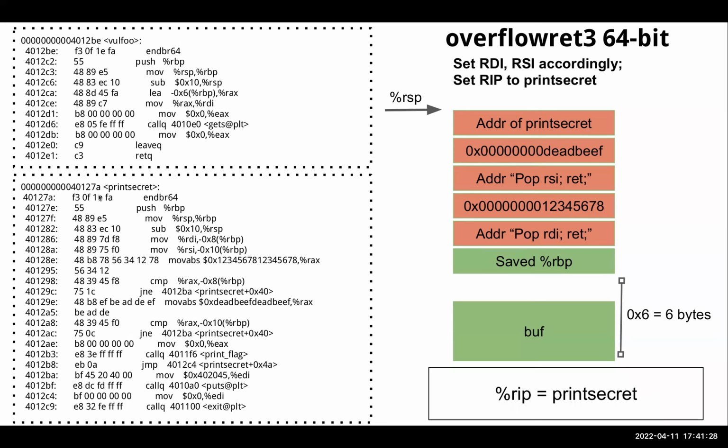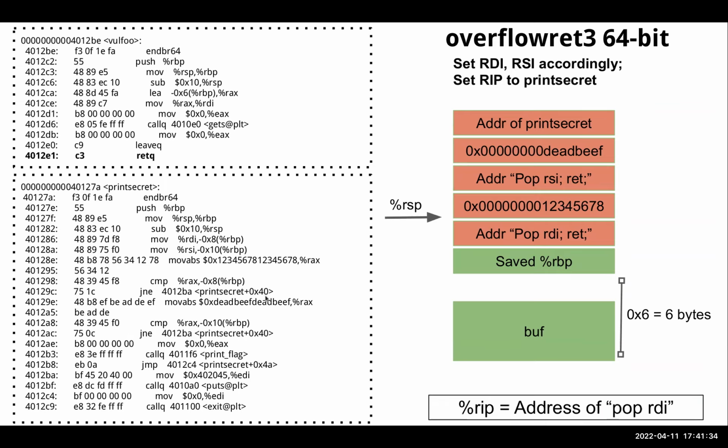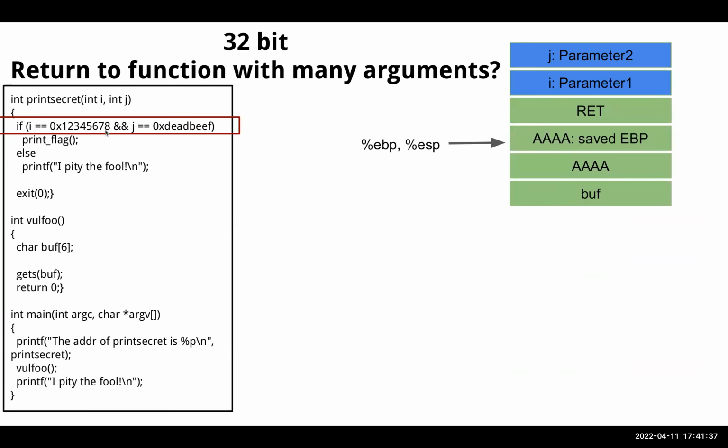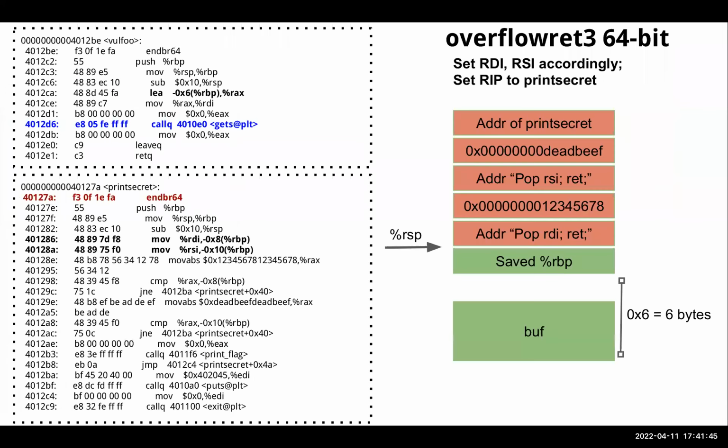And when we get into print secret, RSI and RDI have the correct values. So we can pass this check and print the flag. Does that make sense? Does that make sense, everyone?